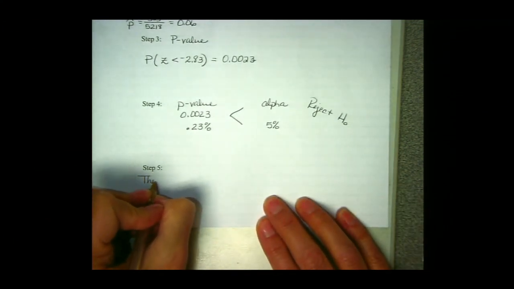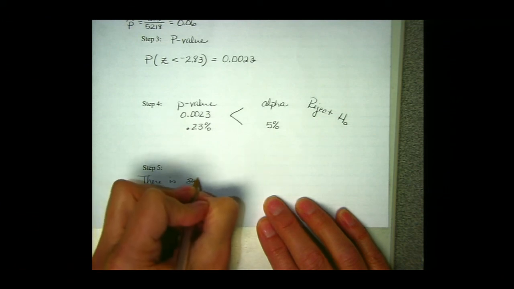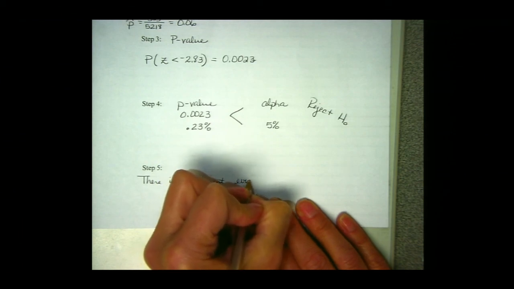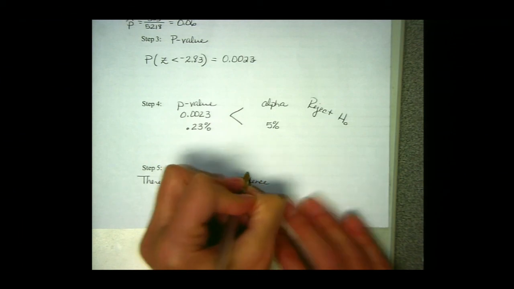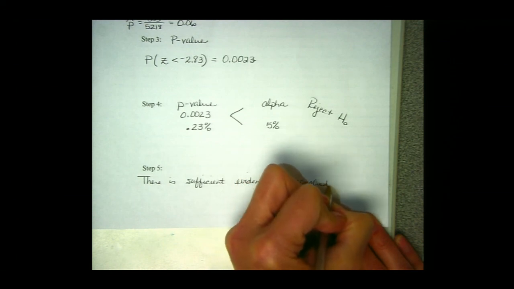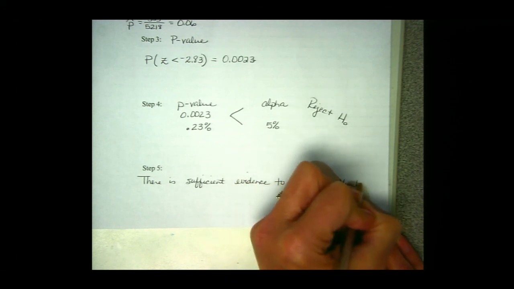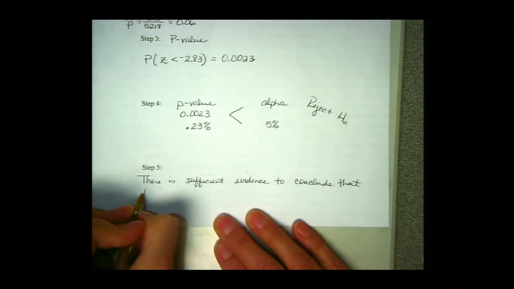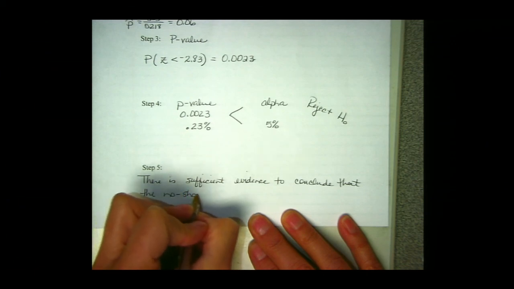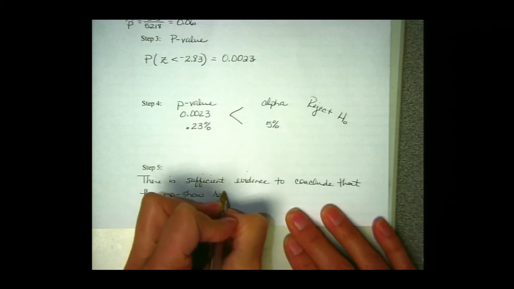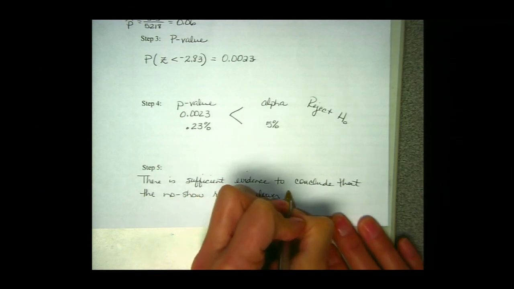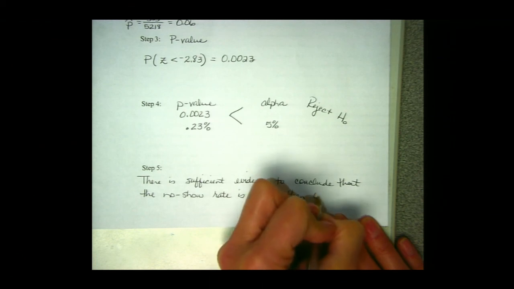So there is sufficient evidence to conclude that the no-show rate is lower or less than 0.07.